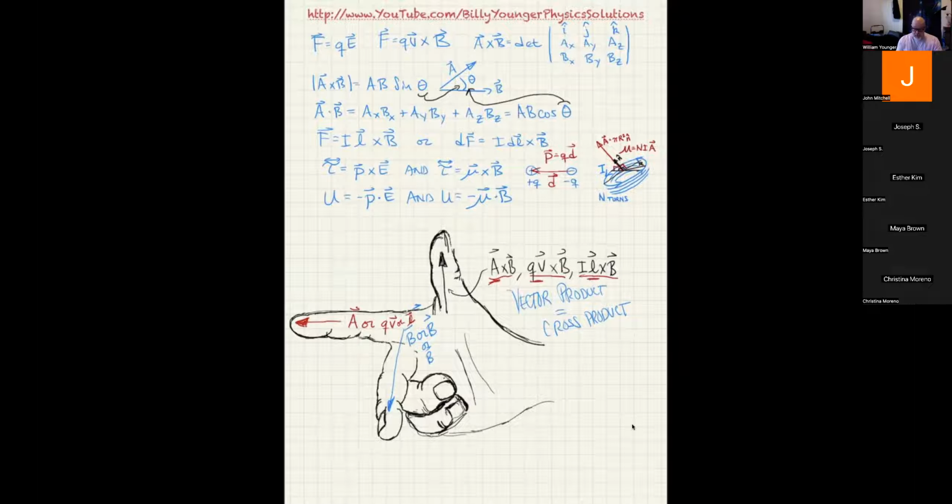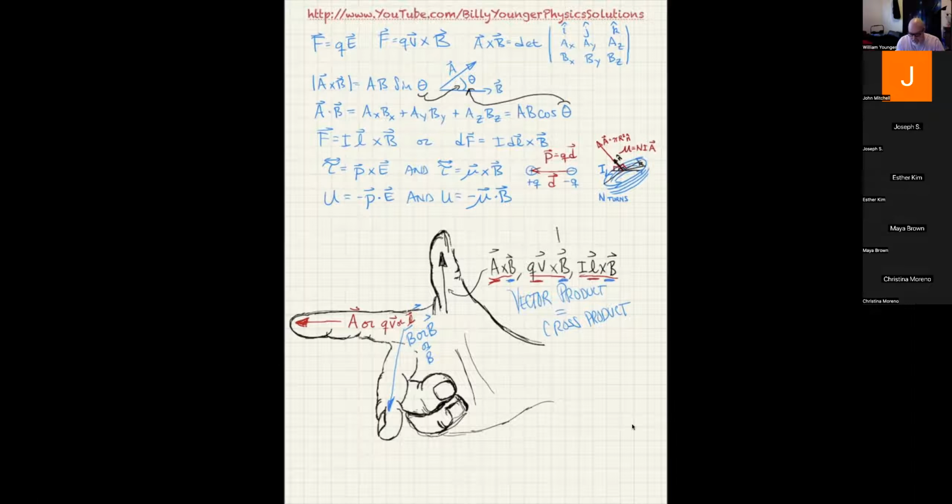You also see that the second vector, B, or B, or B, yeah, literally they all turned out to be B, points along your middle finger. And then the answer, A cross B, or QV cross B, or IL cross B, points in the direction of your thumb.